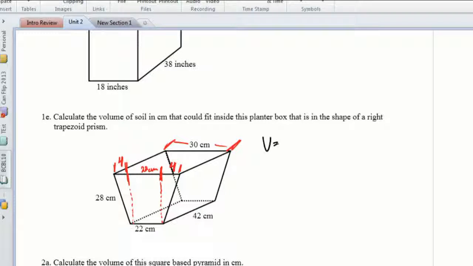So again, volume is going to be area of the base times the height. In this case, the area of the base is going to be my trapezoid.